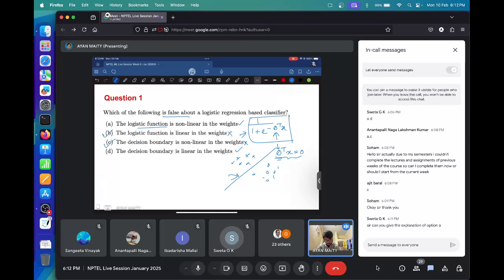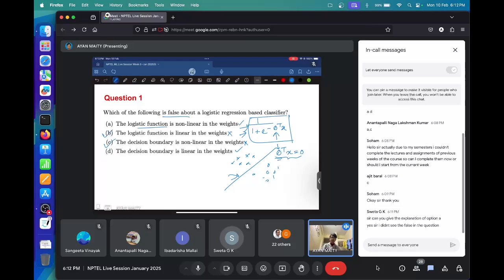So the logistic function is not linear in the weights, and the first option is correct. But you have to find the false options, so A cannot be the false option. A and D are correct, and B and C are false. B and C are the answers for this question.